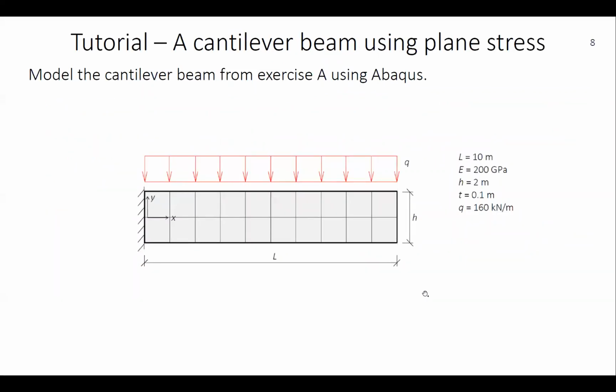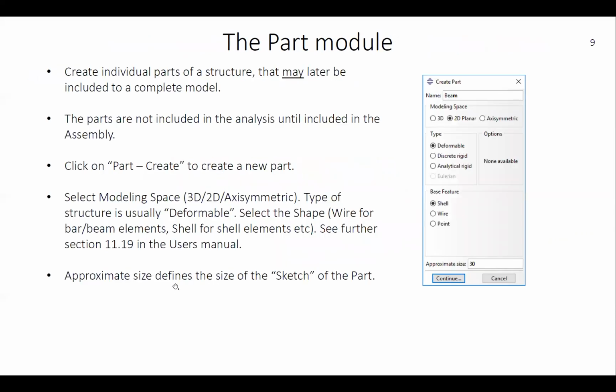So let's go through the simple cantilever beam example. This is the same model that you will model using plane elements in MATLAB. But this exercise illustrates how you do this exact same thing using Abaqus. So you start with the part module to create a 2D planar, what is here called shell.